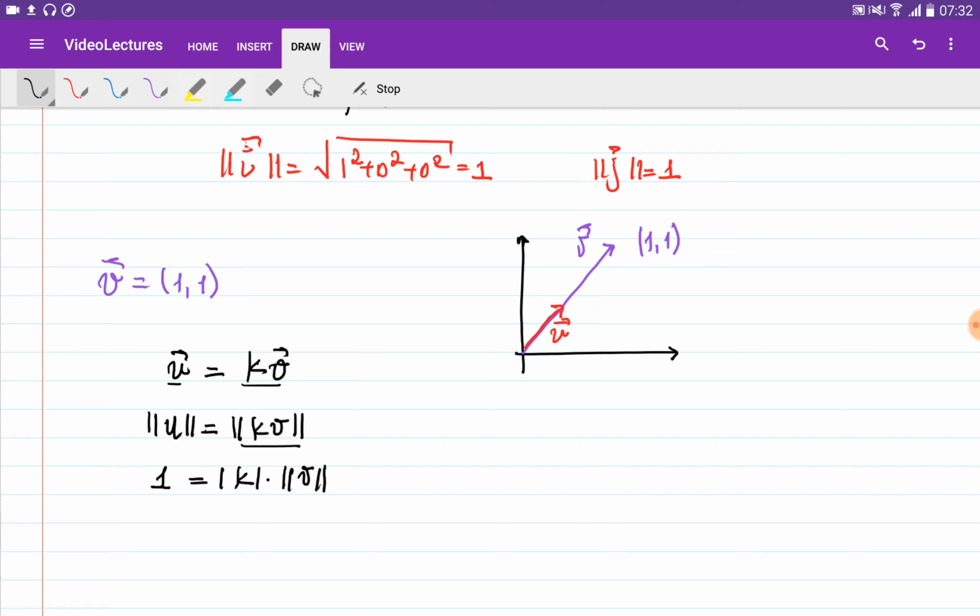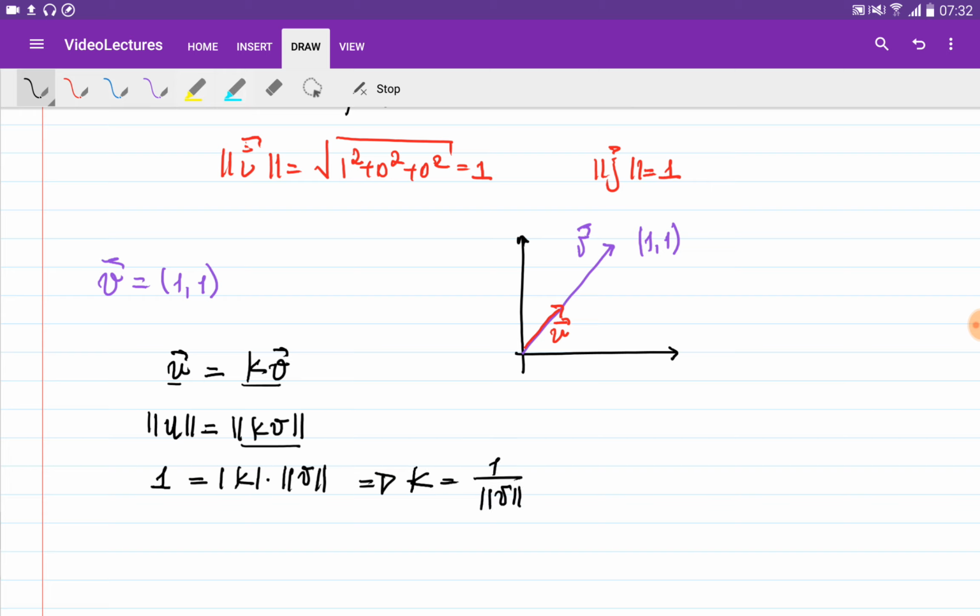I'm writing k in modulus because it should be a positive number. From here we can find k, which is equal to 1 over the norm of v. So basically, if you multiply the vector v by the reciprocal of its norm, we obtain the unit vector.